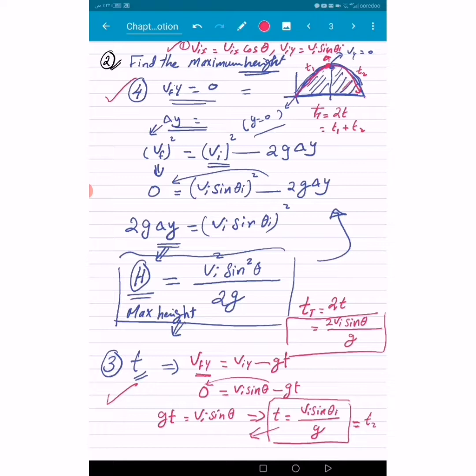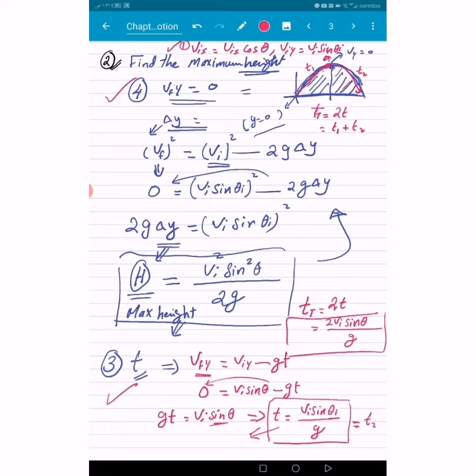In some questions they don't give you any information about V or sine, just only the maximum height.